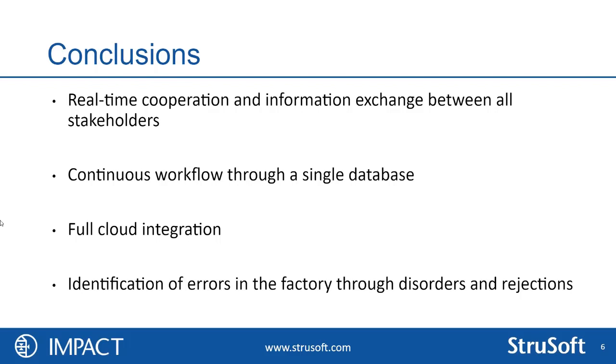So it is a very good functionality to keep track of your rejections and the disorders and not just scrap them and move on to the next day and say, let's remake the element.